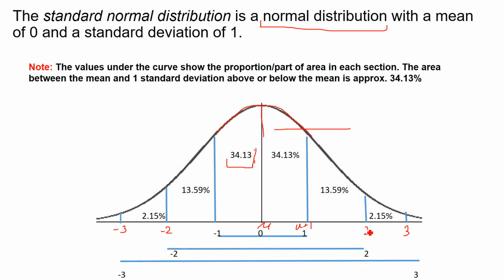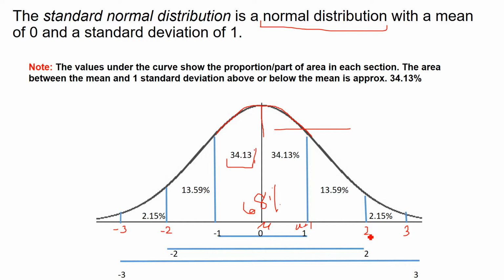So mu plus 1, mu plus 2, mu plus 3. Here you can write mu minus 1, mu minus 2 and mu minus 3. So the area between -1 and 1 is approximately 68 point some percent. I will make a round figure which is 68%, but it is a little bit more than 68%, right?